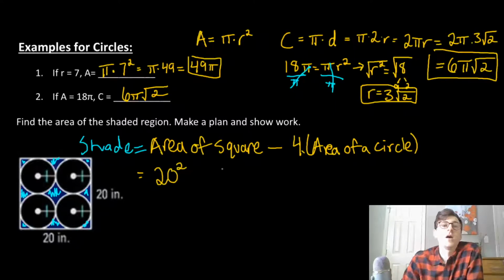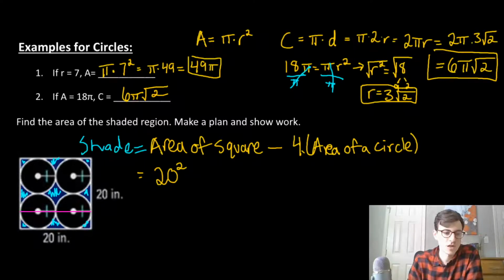But what about the area of those circles? Well, let's think about it. If I've got a circle like this, and maybe we can get a different color. So look at this. Right here, this is the radius of my circle. We're kind of pointing out the radii. But I can draw a straight line, which is like one side of my square, right?